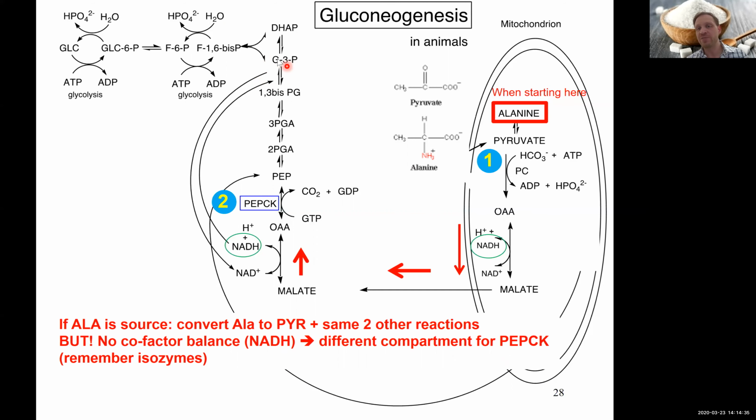Apologies for that. Now malate here is in the cytosol. We can do the reverse reaction here back to OAA. Now we are oxidizing malate and reducing NAD into NADH. And now we have our NADH, the reduced electron carrier, that can go to our reaction up here, and we have our cofactor balance.